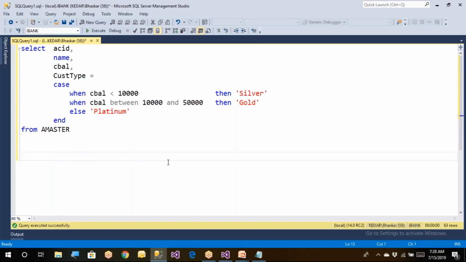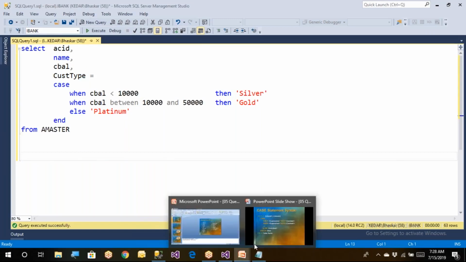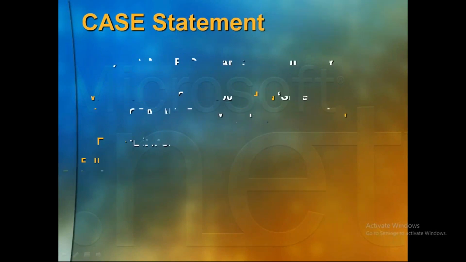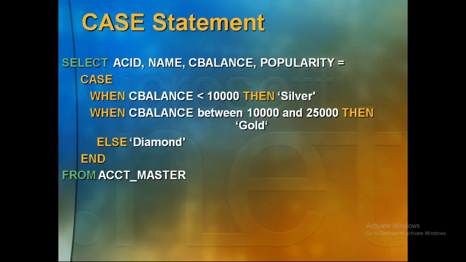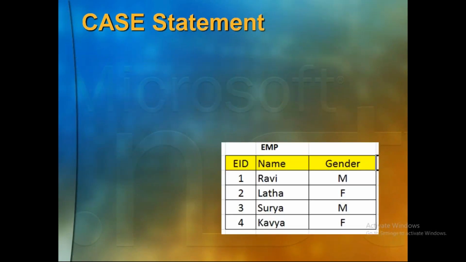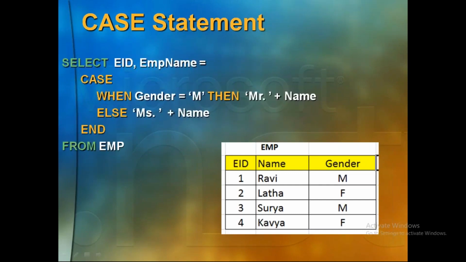So we will be able to use case every time, many times. Okay, so this is what I have written. So this is my table. I wanted to have employee ID, and employee name as the alias. Case when the gender equals male, then Mr. plus name. That means you will be able to get Mr. Ravi, Miss Lata.